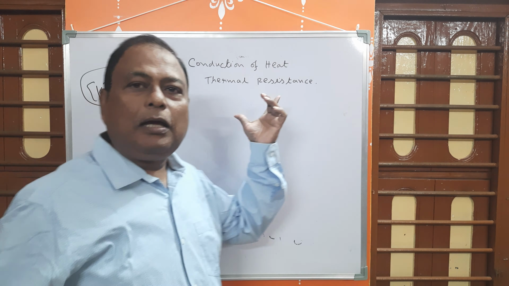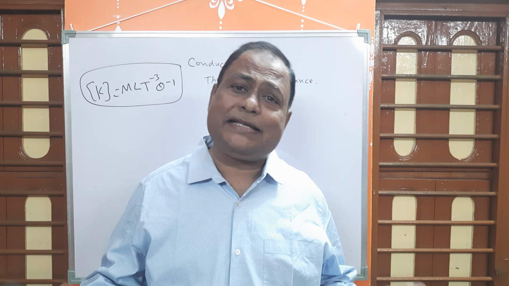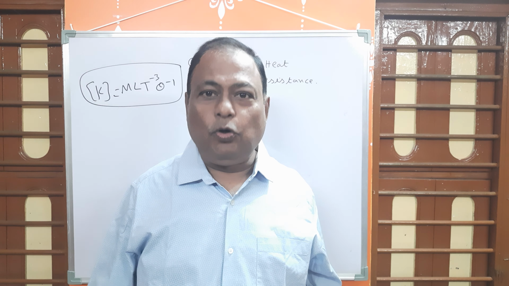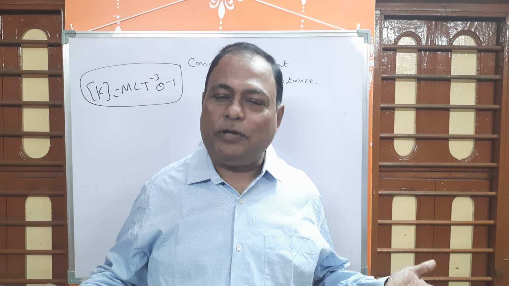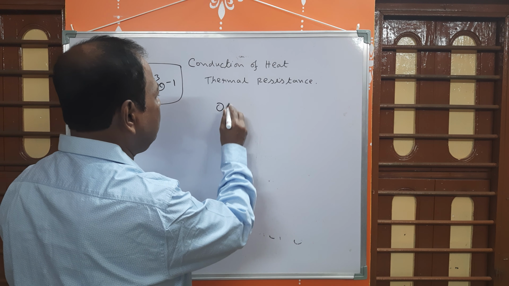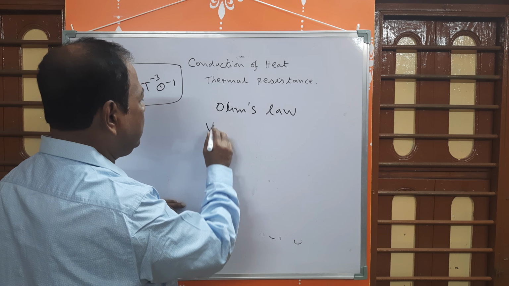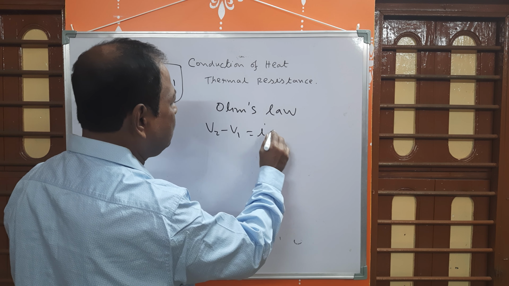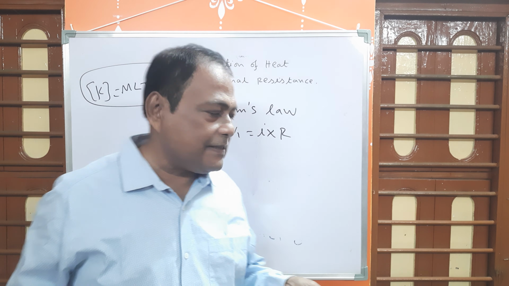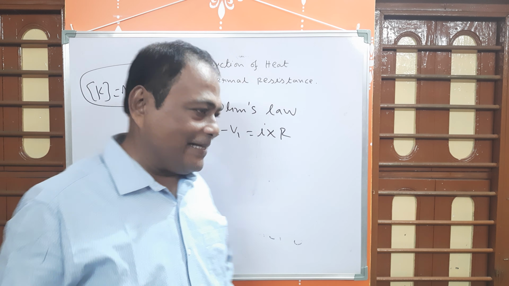Now today I am discussing what is called the thermal resistance. All of you are familiar with the term resistance. Where you have read it, that is in current electricity. You know by Ohm's law, V2 minus V1 is equal to I into R. V2 minus V1 is called potential difference, I is called current and R is called resistance.